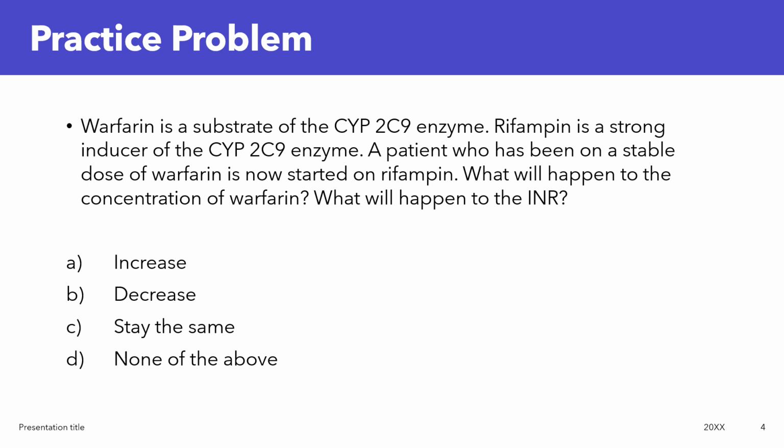What will be the effect of the inducer on the substrate? The substrate is the warfarin. What will be the effect of adding an inducer while the patient is already taking a substrate? So you have warfarin, which is a substrate of 2C9. You're adding an inducer of 2C9.